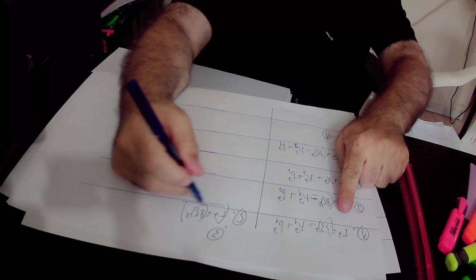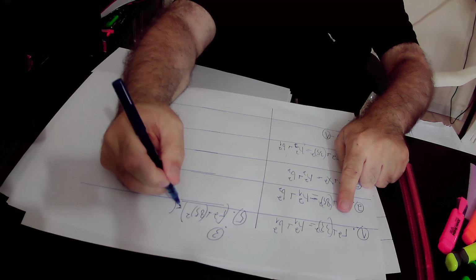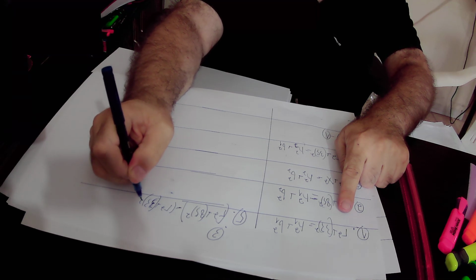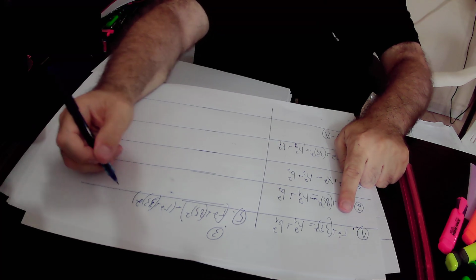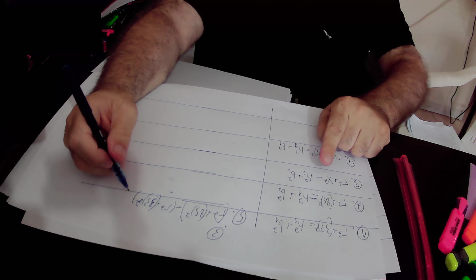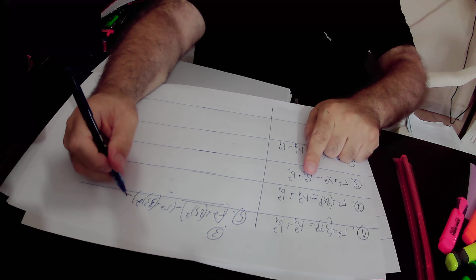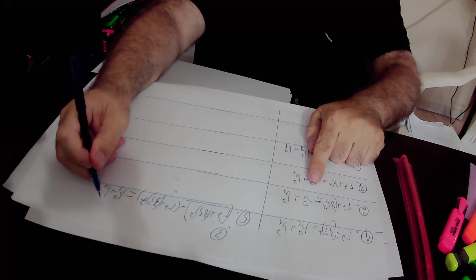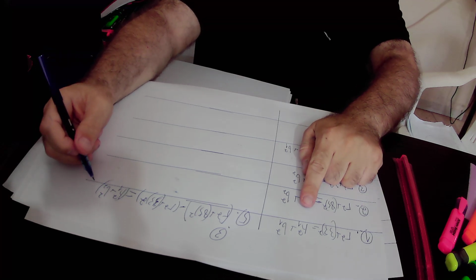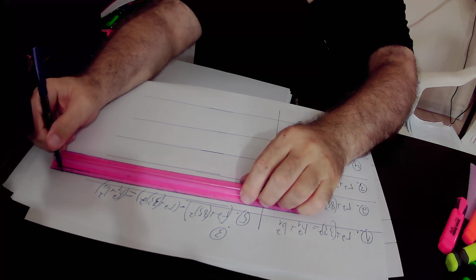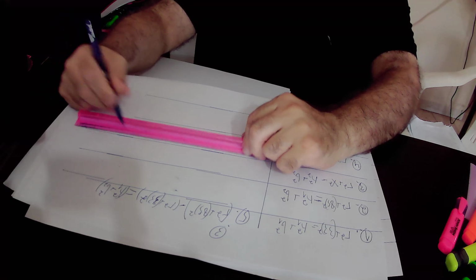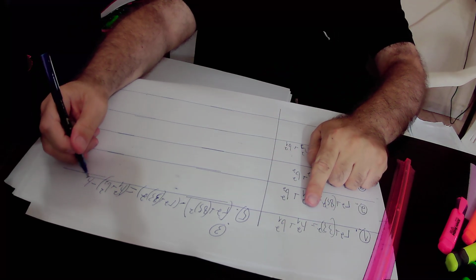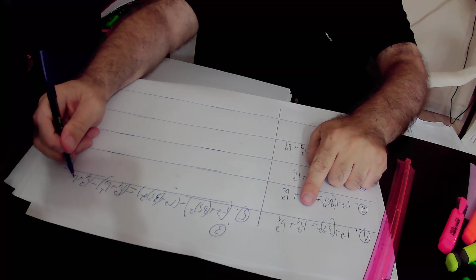Here we have r square plus 85 square, minus equation number 1, which has r square plus 33 square. And on the other side, equation number 2 has h1 square plus b2 square, minus equation number 1, which has h1 square plus b1 square.